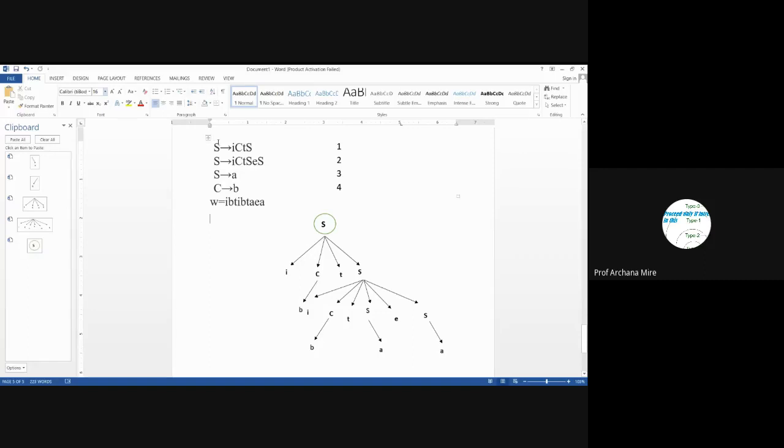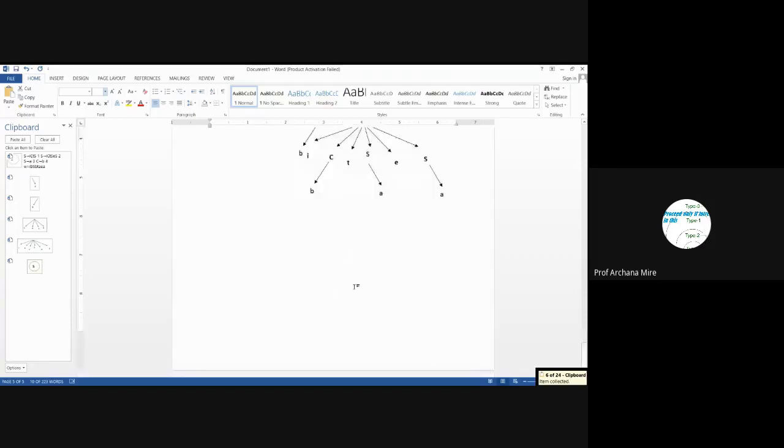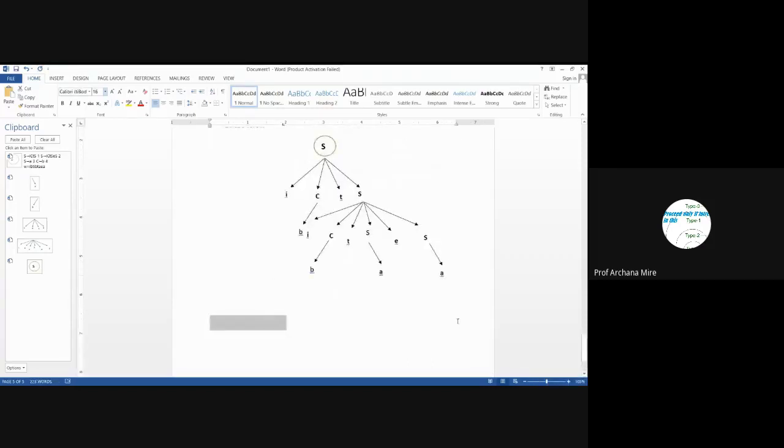For that, once again, I am copying this grammar in the next page just for clarity.